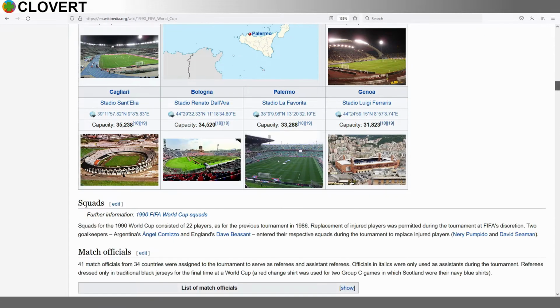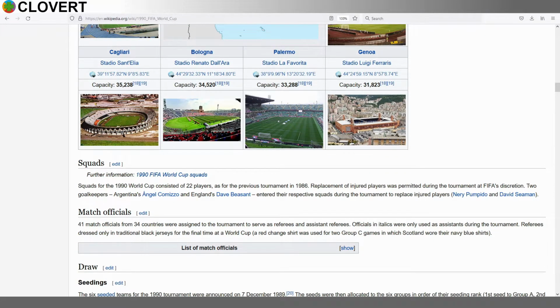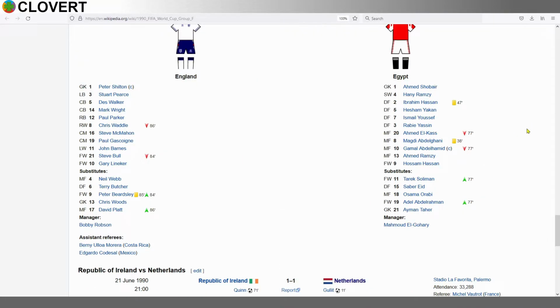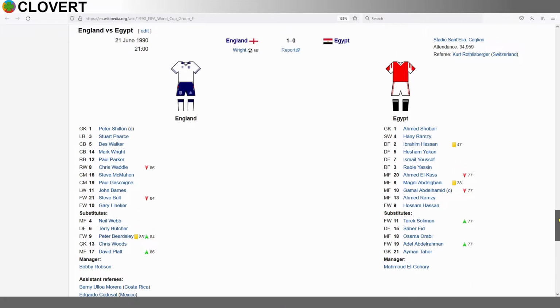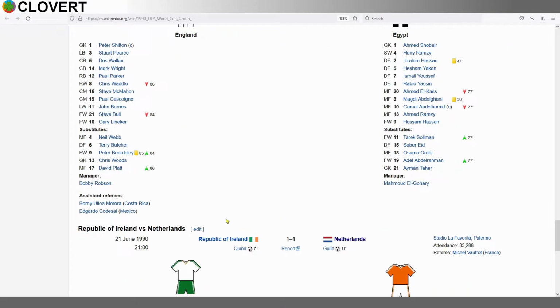Now Group F, these were the last games played in the group stage. So Ireland and the Netherlands both knew, all the teams knew in this group, that if you ended up on 3 points, that would be enough for you to qualify if you were in the top 3. So because England were beating Egypt 1-0, this 1-1 score for Ireland and the Netherlands would have suited both sides.